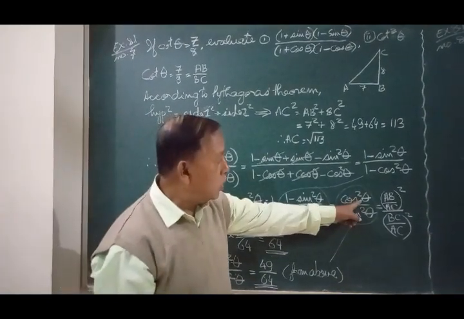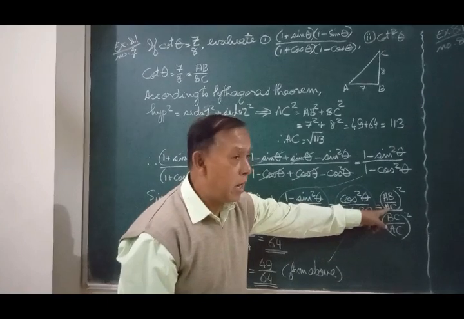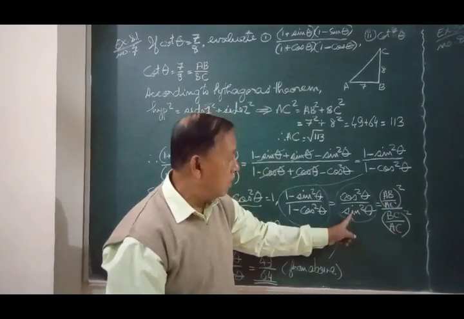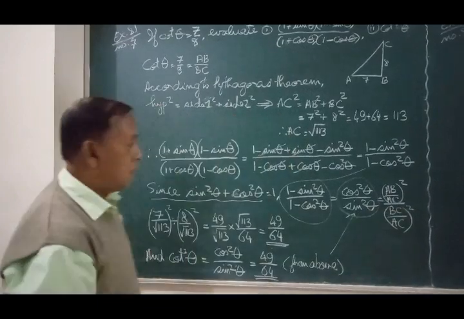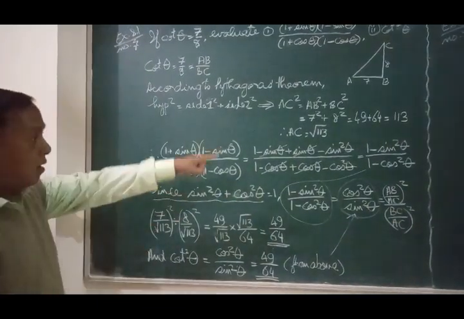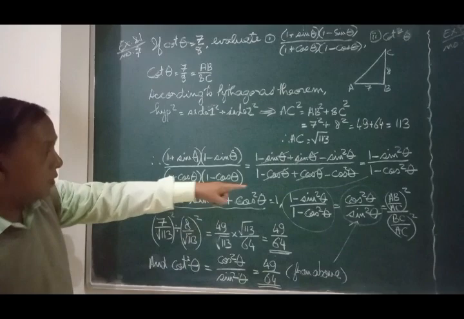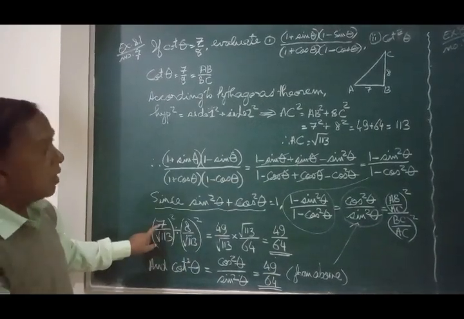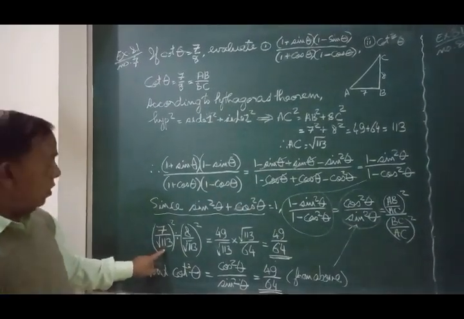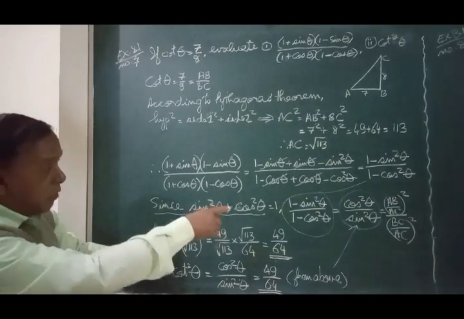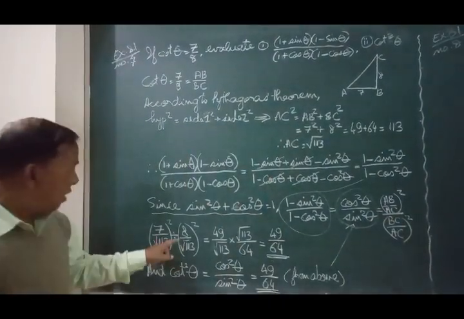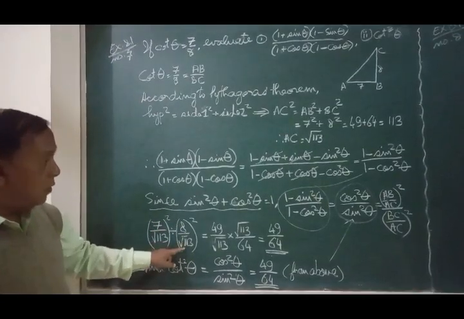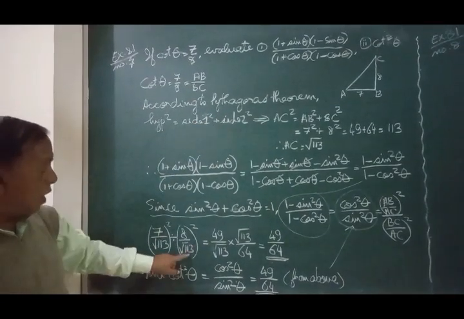What is therefore cos theta? AB upon AC whole squared, and sine theta BC upon AC whole squared. From there we continue. Look at that. AB 7, AC square root 130, divided by 8 upon 130.